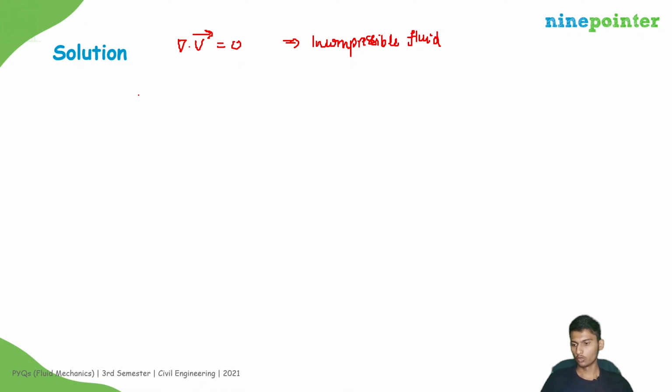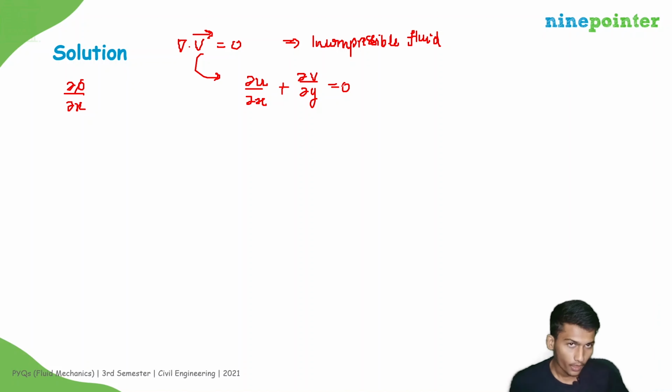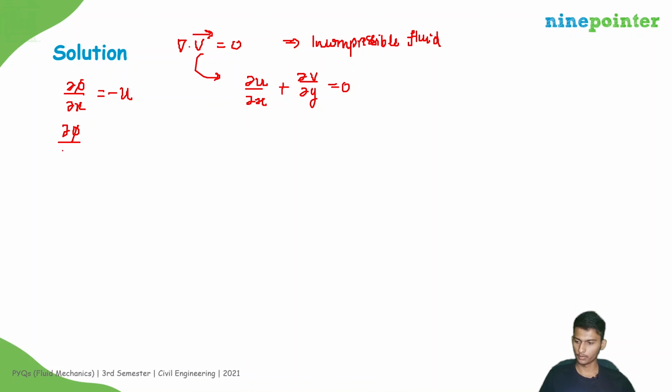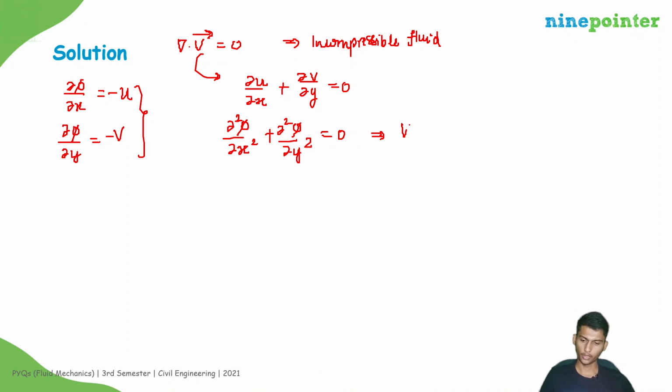So dou u by dou x plus dou v by dou y equals 0. Since dou phi by dou x equals minus u and dou phi by dou y equals minus v, we get dou square phi by dou x square plus dou square phi by dou y square equals 0. That means the Laplacian of the potential function will be equal to 0.